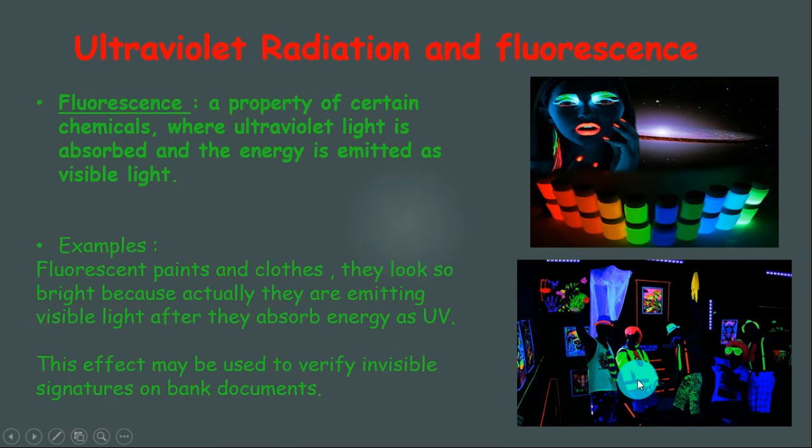They look so bright because they are emitting visible light after they absorb energy as ultraviolet light. This effect may be used to verify invisible signatures in bank documents. They use this property in bank documents for invisible signatures.